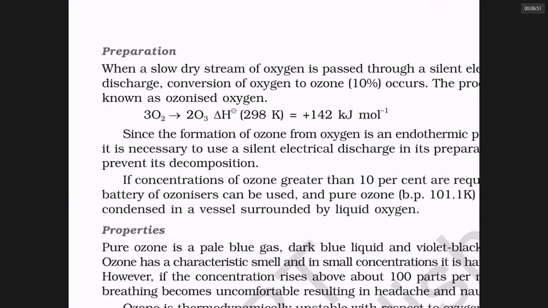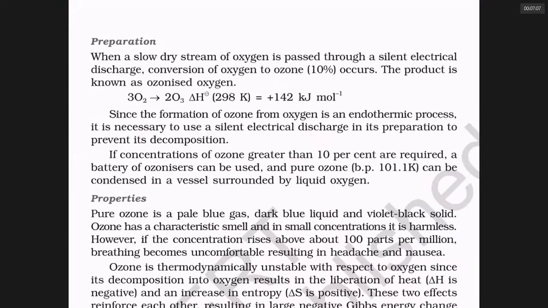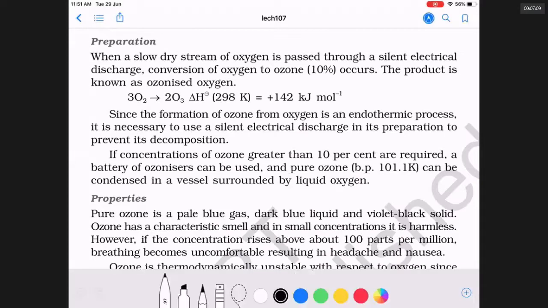Generally, if you take oxygen and pass electric current without sparks, it is called silent electric discharge. You get ozone. Around 10% of oxygen will become ozone. The requirement is silent electric discharge, mind you. Silent electric discharge means you have to pass current without sparks.